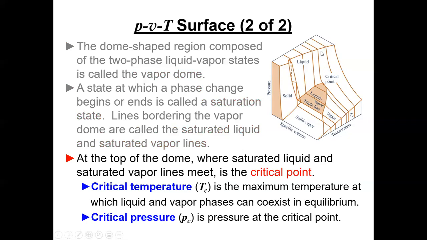There is no transition between liquid and vapor, it's not possible to have a liquid, so it's all fluid. The critical pressure, PC, is the pressure at the critical point. So right here on the pressure axis, that's the critical point, that's the critical temperature, and that's the critical isotherm, which is a line of constant temperature which passes through there.